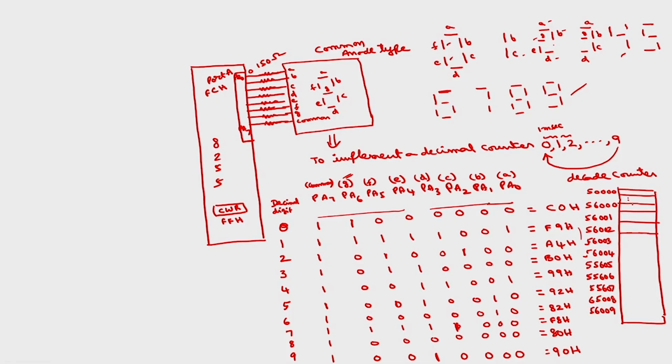So, here I am going to store C0, F9, A4, B0, 99, 92, 82, F8, 80 and then 90.